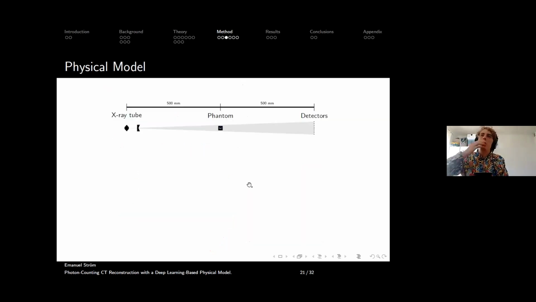So the physical model, the detector setup here, is represented in approximately 2 scale, right? You have the X-ray tube on the left-hand side, the detector array here, and then in the middle you have the region of interest that you want to scan. And a main thing that you might notice to begin with here is that the phantom is very small.